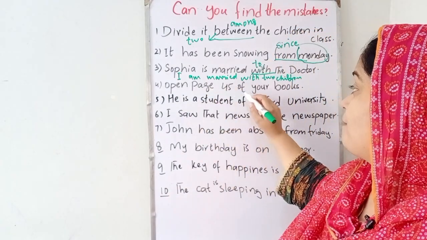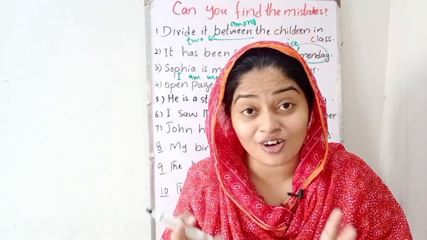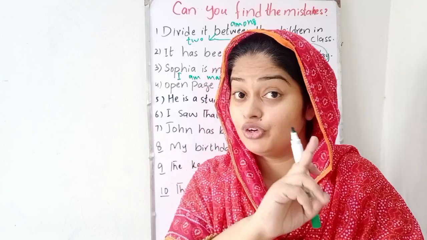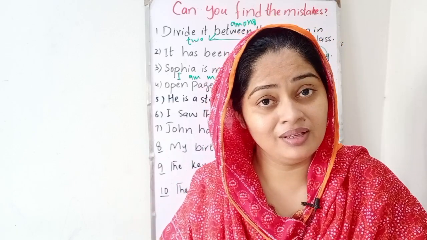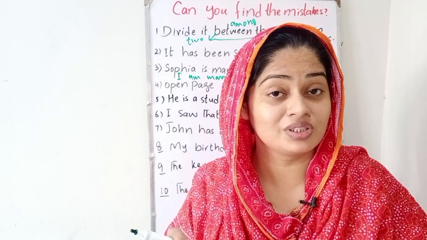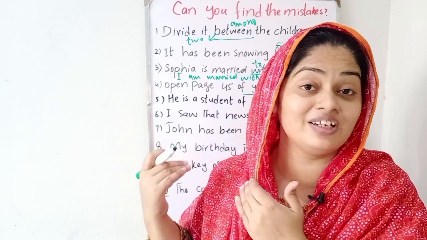Open page up of your books. It's a very common mistake, and remember, we do not open the pages, we open the books. So the structure of this sentence is grammatically wrong.